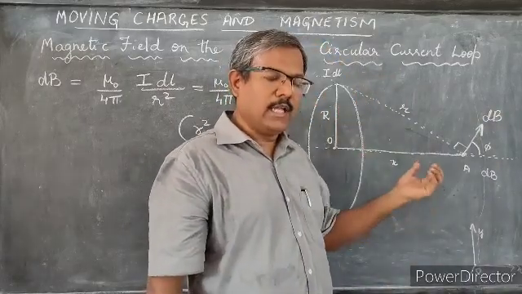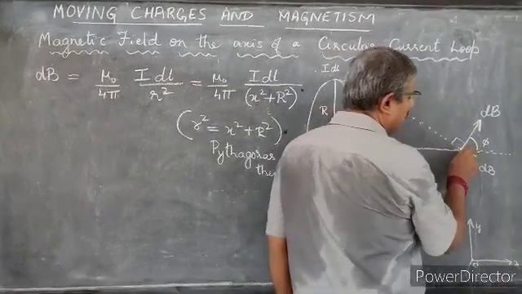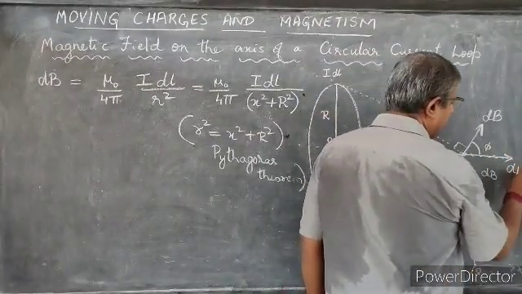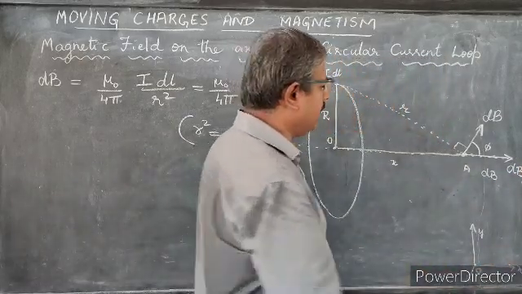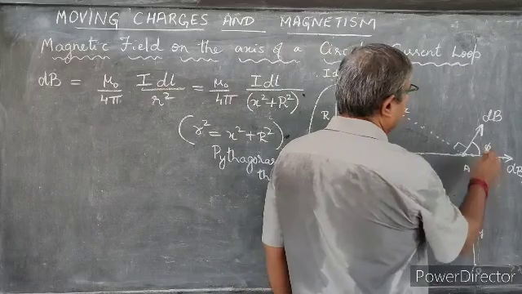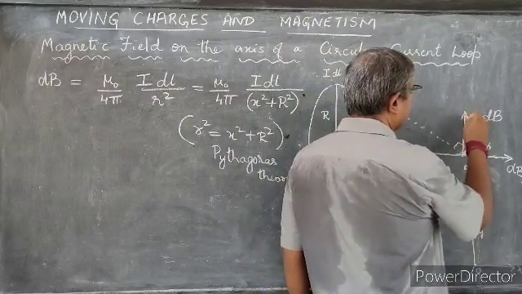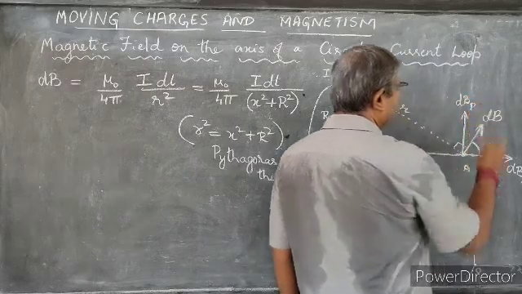So to take the discussion further, I will split this dB into two components. One along the x-axis, which I will call dBx, and the other I will split along the perpendicular direction to the x-axis, which I will call dBp.